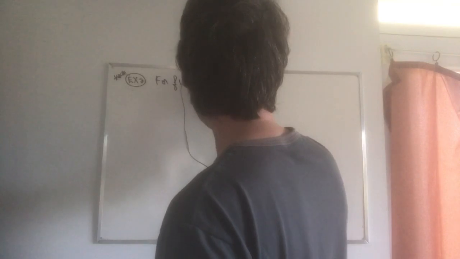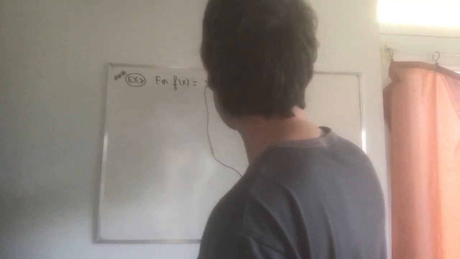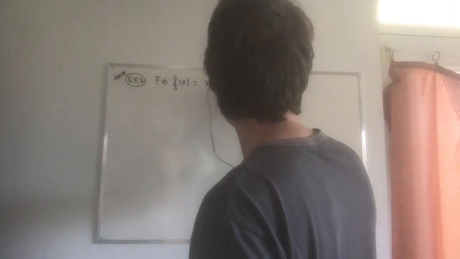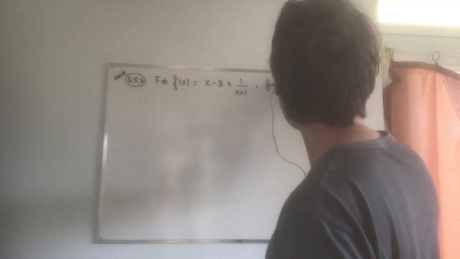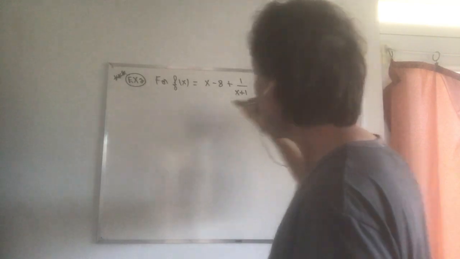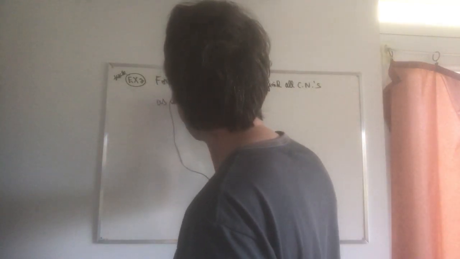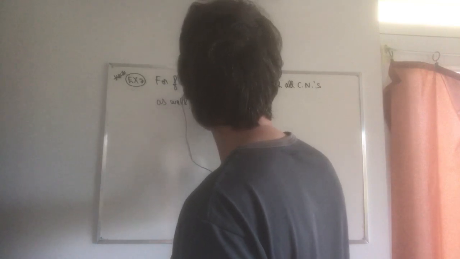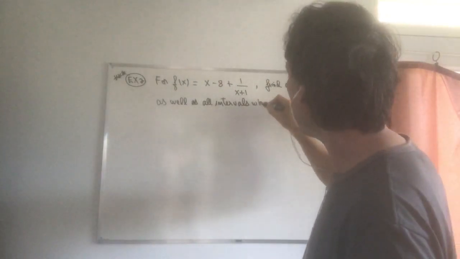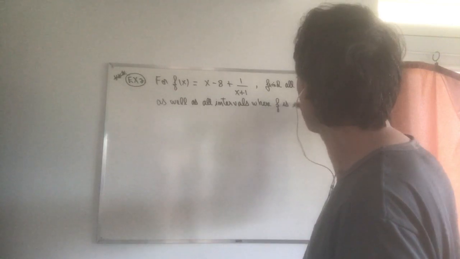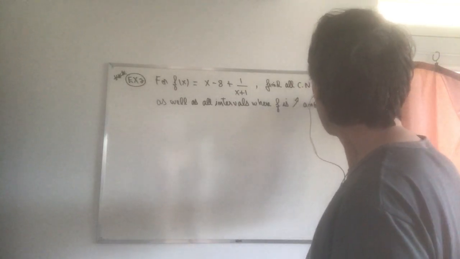For f of x equal to x minus 8 plus 1 over x plus 1, find all critical numbers as well as all intervals where f is increasing and decreasing.